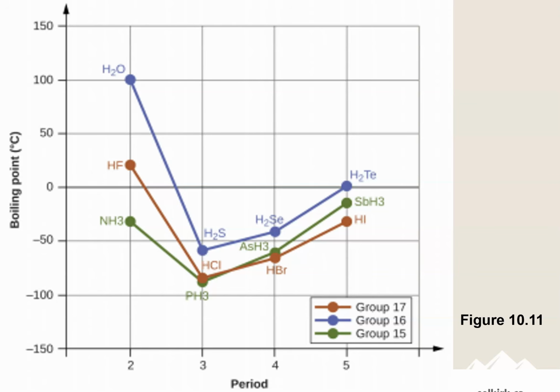On this graph, I can see the boiling point of different compounds as a function of what group of the periodic table that they're in. So, as I go across the first period of the periodic table, I take oxygen, nitrogen, and fluorine. That's going across. No smooth trend there.